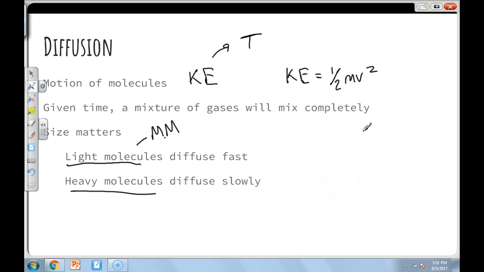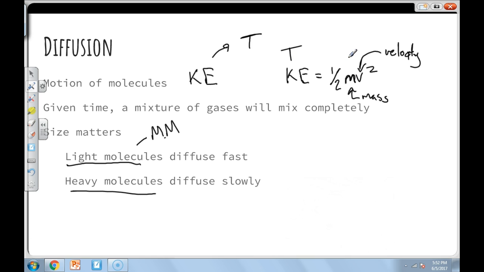Now, you don't necessarily need to know this, but we can see that m is mass, and this is velocity, so that's the motion of the molecules. But if we're at the same temperature, so that means the same temperature.